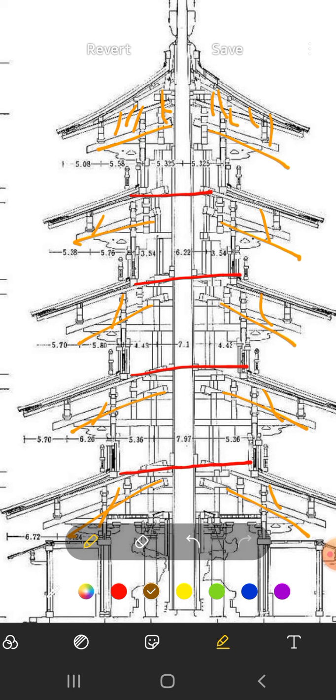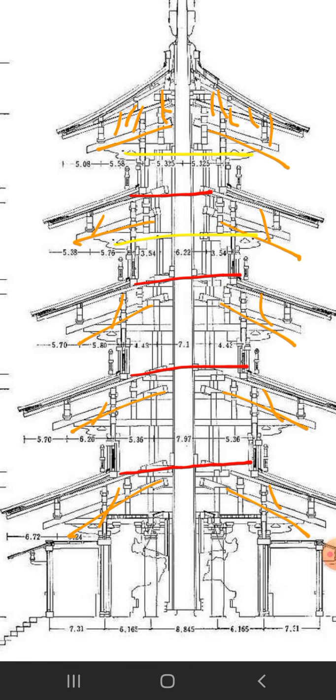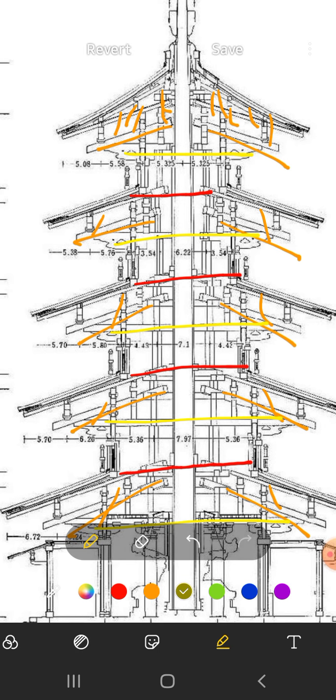Okay, so from the truss, the load has been transferred by beams. As you can see, there are beams here, very clear, the beams there. And from the beams, they have their own columns.